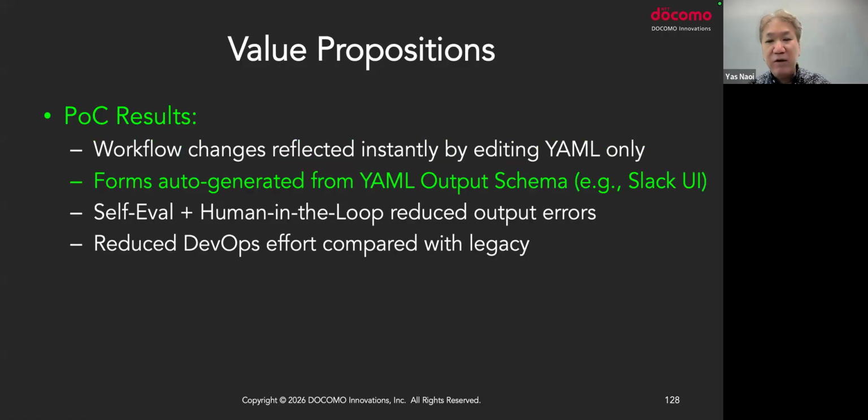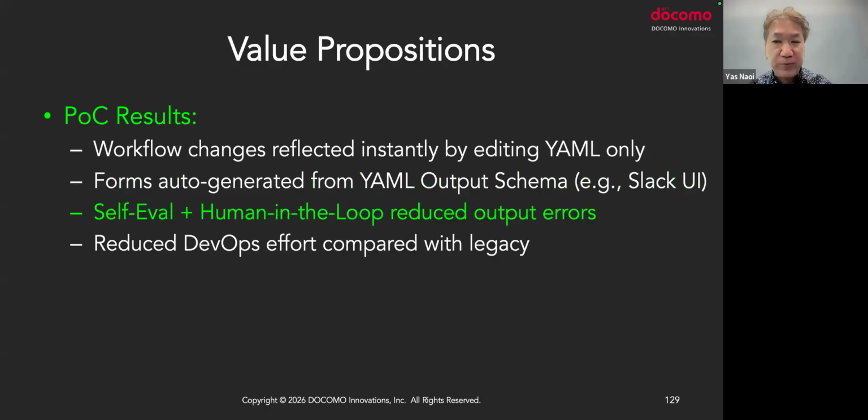For example, from an output schema in YAML, we can automatically build a Slack form, as we could see in the demonstration. This makes it easy to keep the UI and the workflow logic in sync without manual coding.